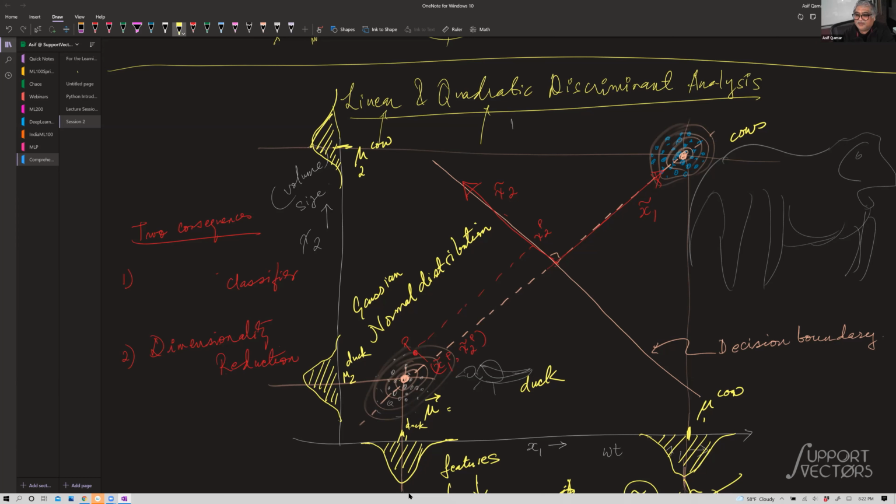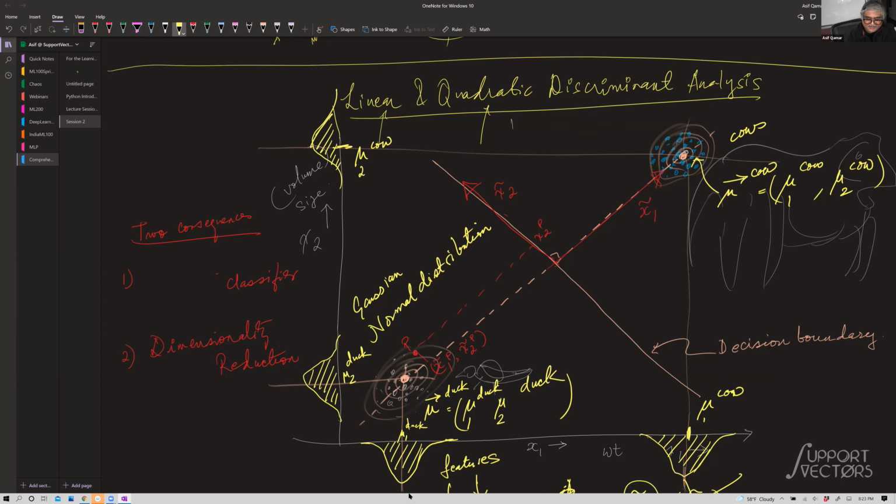So all you do is you find the mu vector, the mu coordinates of the cow, which is mu1 of the cow, mu2 of the cow, the coordinates of that. And here, likewise, this point is the mu of the duck, mu1, mu2 associated with the duck, right? Would you agree with this so far?